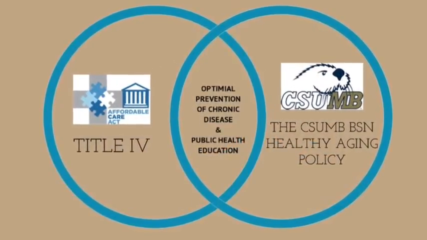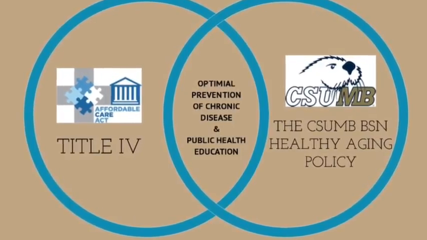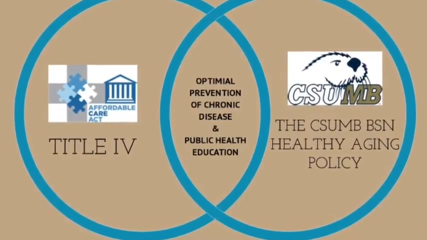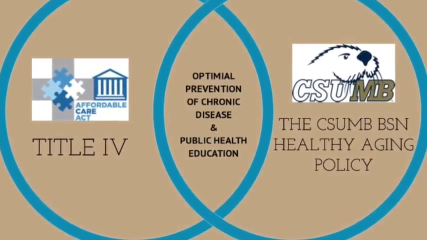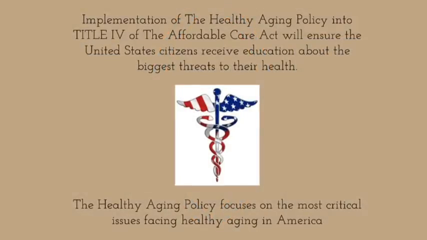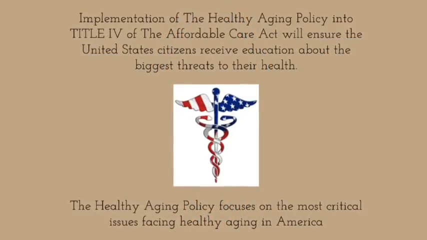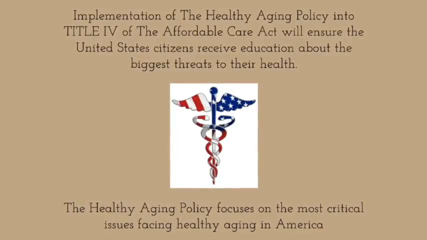By inserting the CSUMB BSN Healthy Aging Policy into the Affordable Care Act Title IV, we can produce optimal prevention of chronic disease and public health education. This implementation will ensure the United States citizens receive education about the biggest threats to their health.